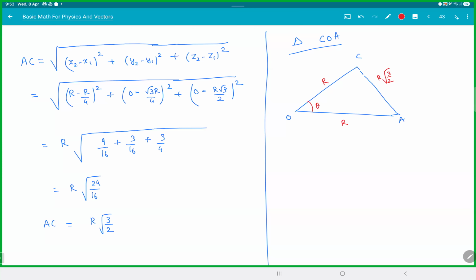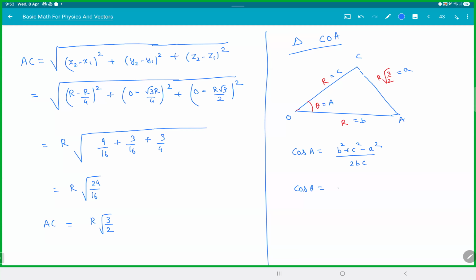There are a few ways to do this. You can drop a perpendicular and you can get the angle from there, or you can use cosine rule. There are a few ways you can get the angle theta. You know three sides of a triangle, you just have to get cos theta. So if I take this angle to be A, if I take this as small a, this as small b, this small c, then the cosine rule cos A is what? b square plus c square minus a square by 2bc.